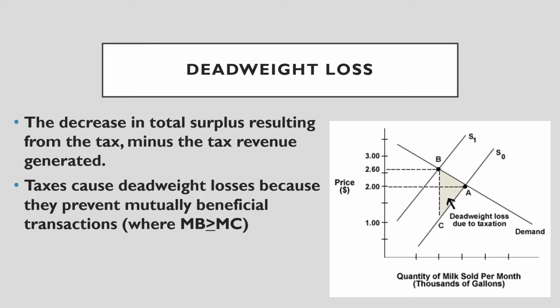And so all the units from C to A are not sold because of the tax. So these are transactions for which the marginal benefit is greater than the marginal cost, and yet these units are not produced and are not consumed, and this is a deadweight loss.